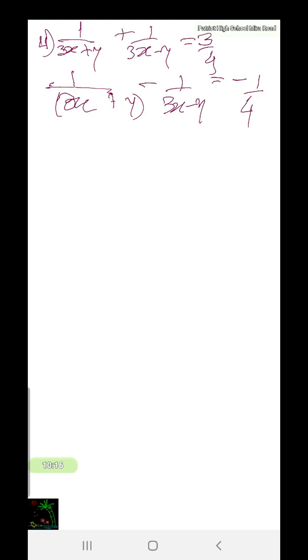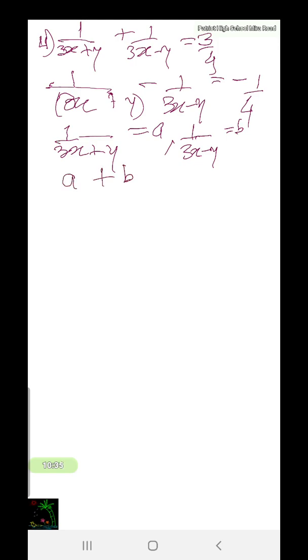Substituting 1 upon 3x plus y is equal to a, and 1 upon 3x minus y is equal to b, we have a plus b is equal to 3 upon 4. Therefore 4a plus 4b is equal to 3.